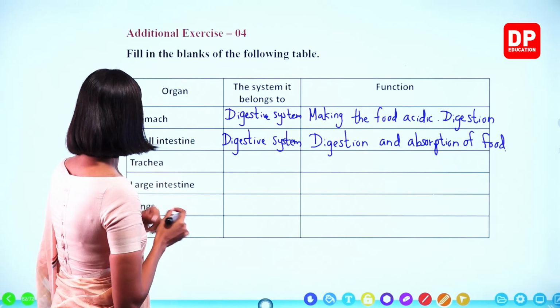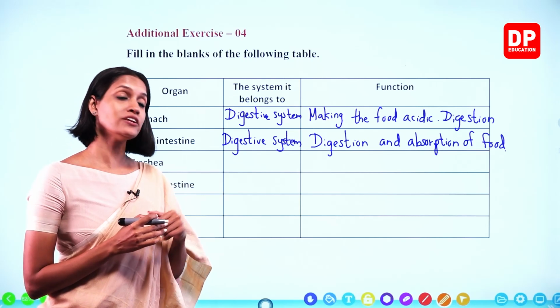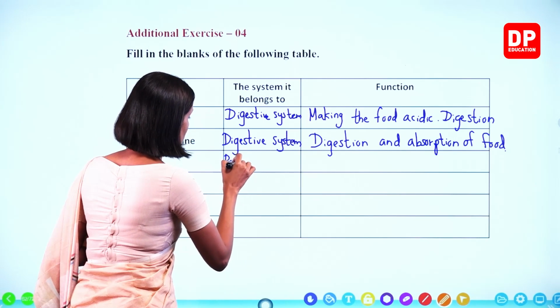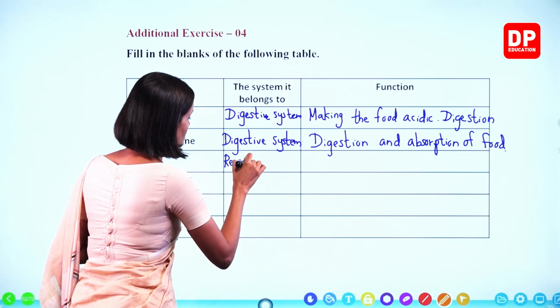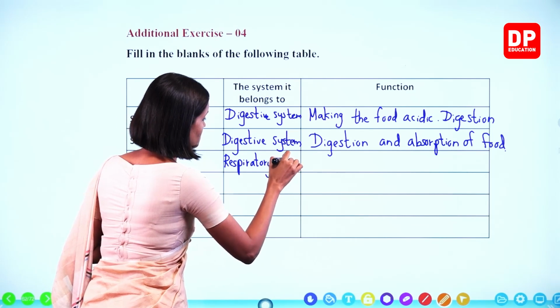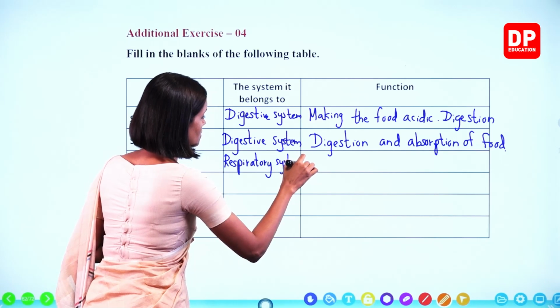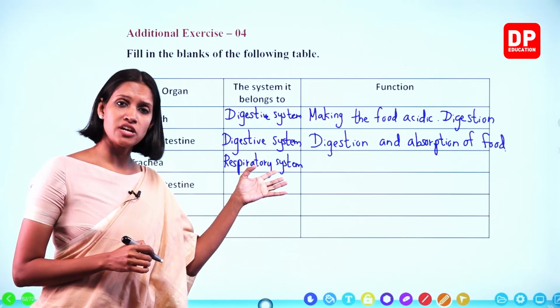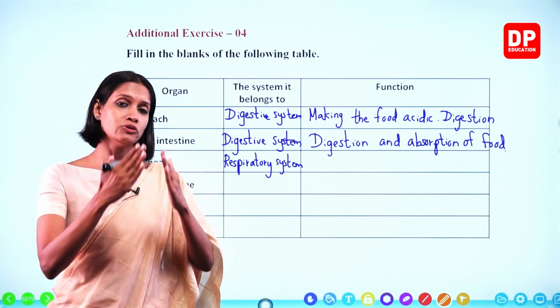Right? Trachea. Now you all know that trachea belongs to the respiratory system. What is the function of trachea? You all know trachea is a tubular structure.